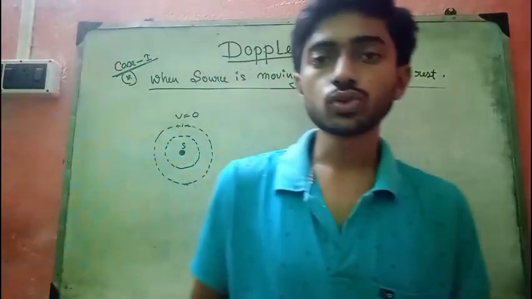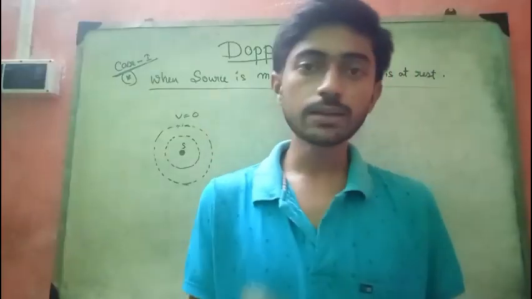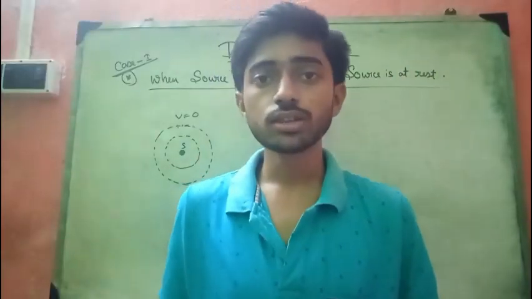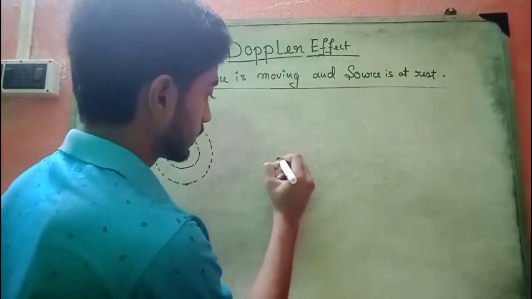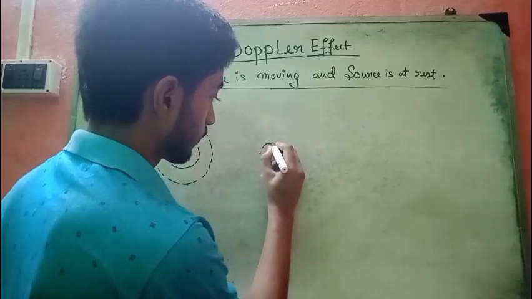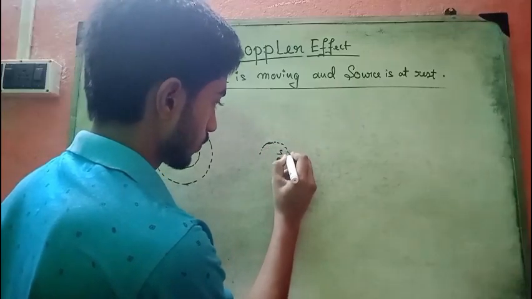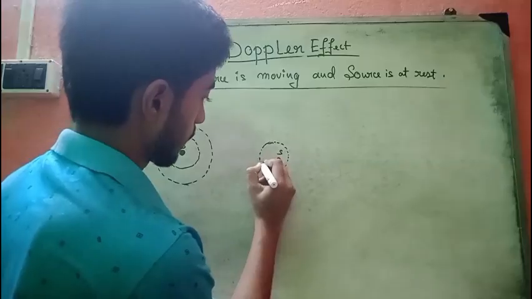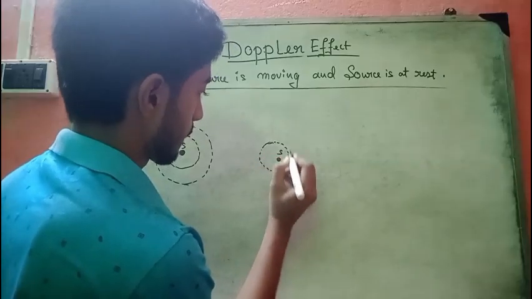Now the source is moving with some velocity v which is not equal to 0. Then what happens? Let's see. This is the source S, and its wavefront is now like that.